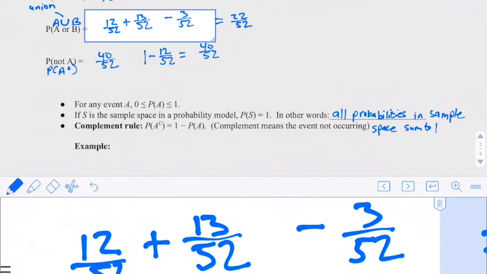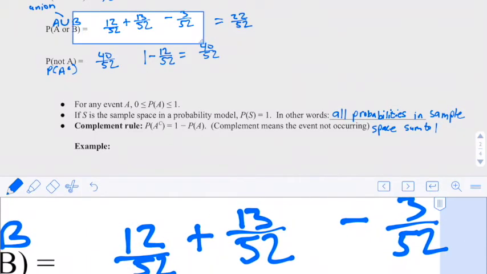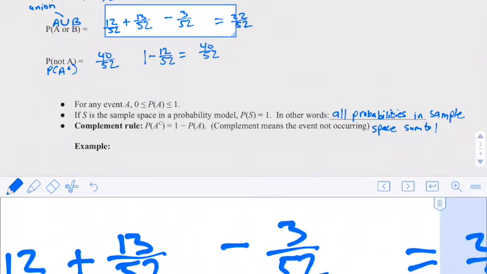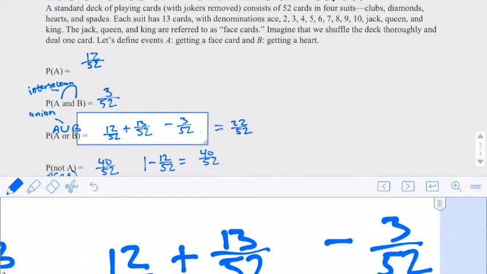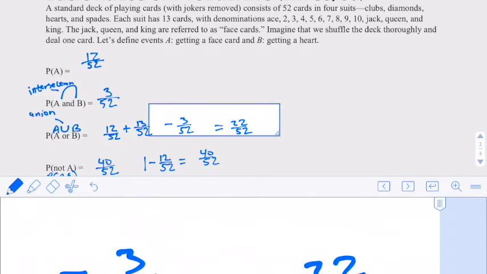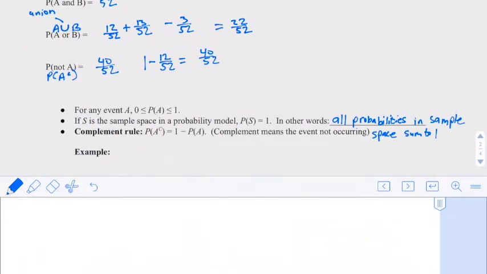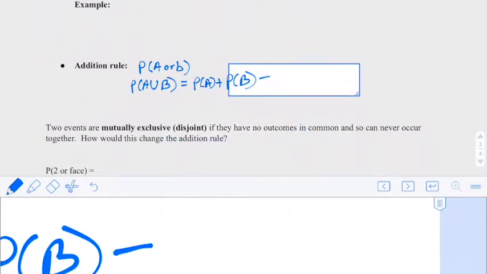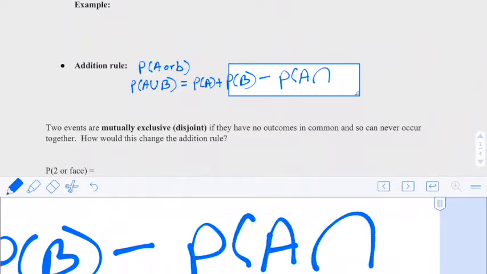With this example, we had a face card and we had a heart. Well, there are some face cards that are hearts, so you counted them in both things, so we have to subtract off the ones we counted twice. So in the symbols, we say minus the probability that both are happening, A intersect B.